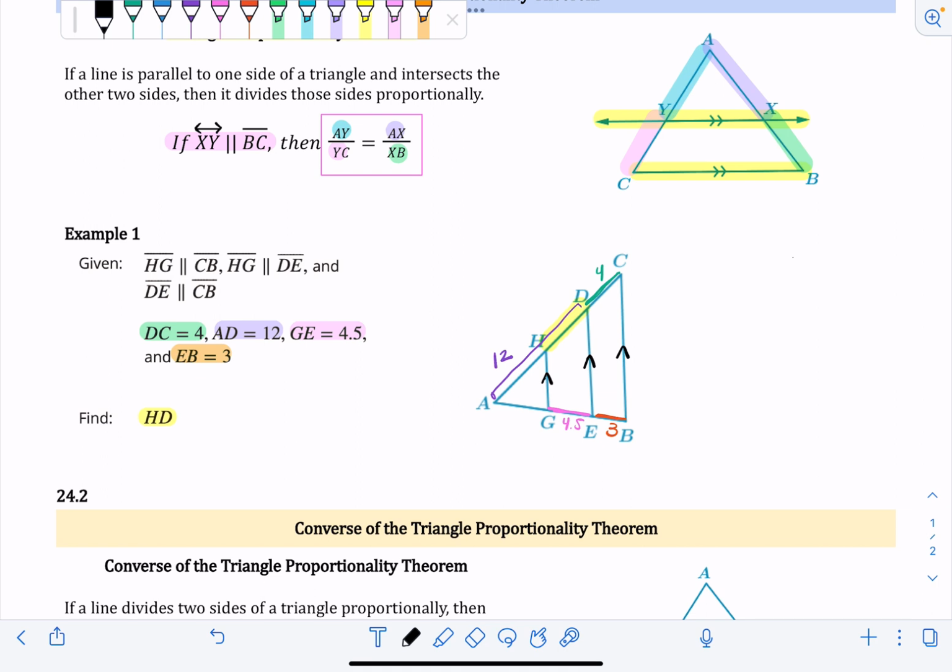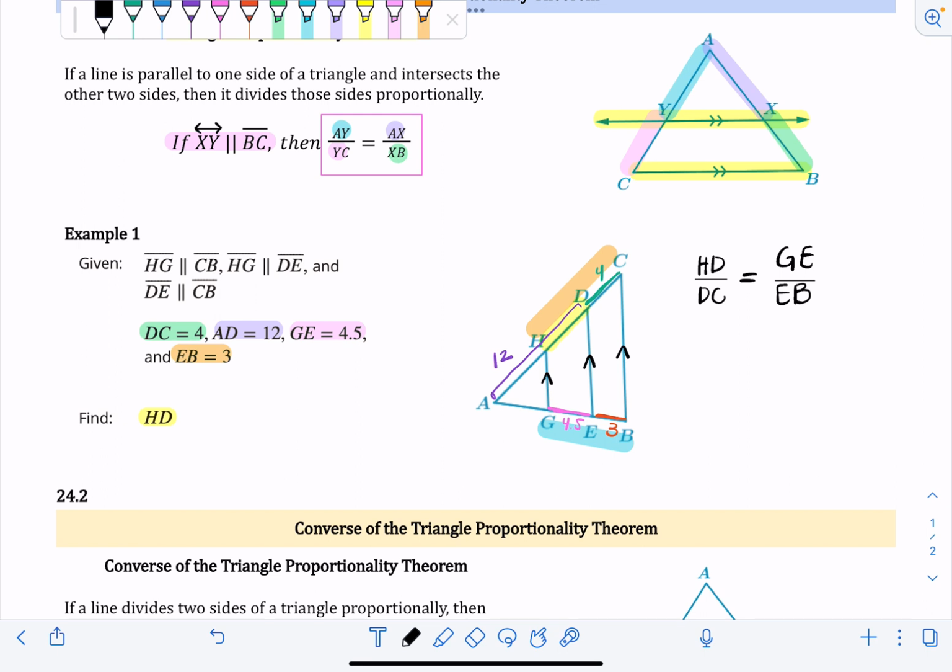So I'm going to say HD over, I'm going to use this side first, HD over DC, and then that's going to be equal to, I'll use this side second, and because HD was in the numerator, GE must go in the numerator, because that's the side it's opposite of. And then EB would go in the denominator, because that one matched up with DC. So we just have to keep it consistent.